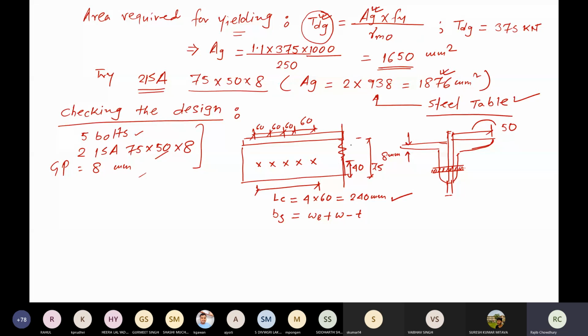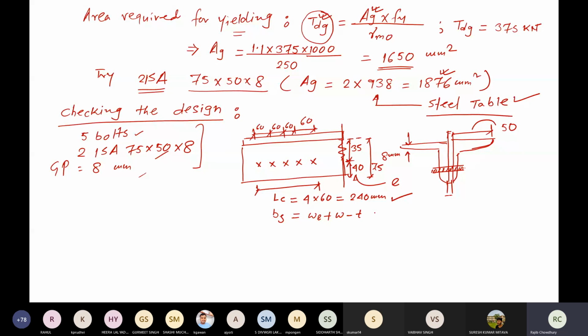So the rest of the portion that would be coming over here would become 35. So what is 40? 40 is your E value, the edge distance or end distance, which we already calculated while finding the bearing strength.